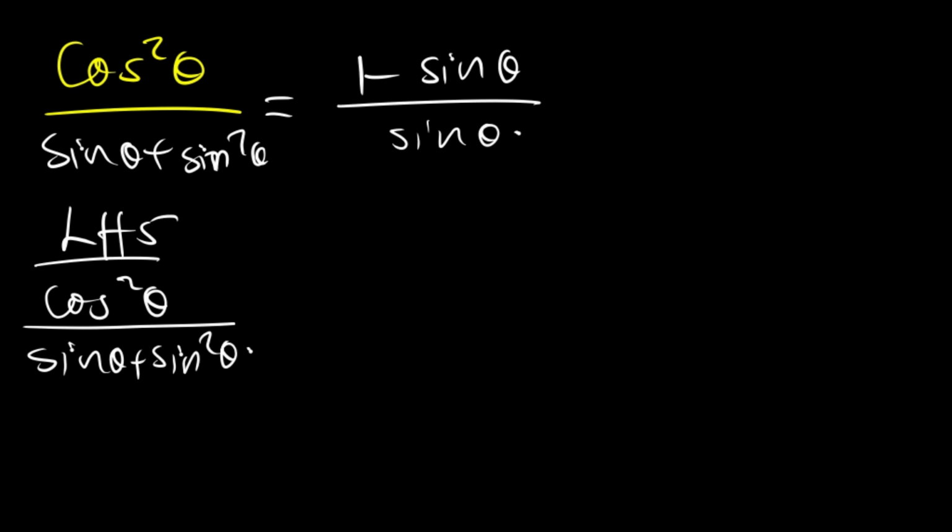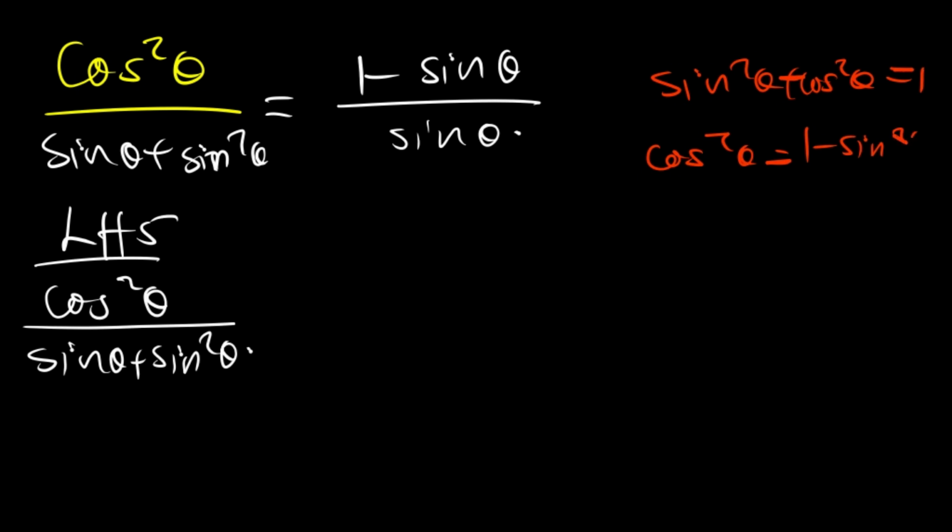I know that sine squared theta plus cos squared theta is equal to 1. So cos squared theta can be replaced by 1 minus sine squared theta. So this is the same as 1 minus sine squared theta over sine theta, plus sine squared theta.